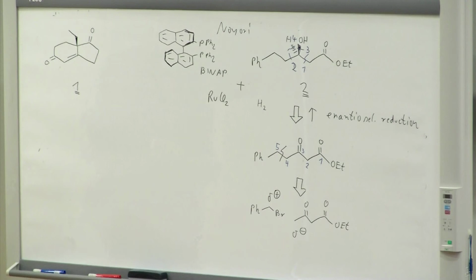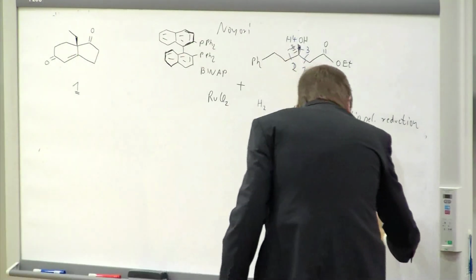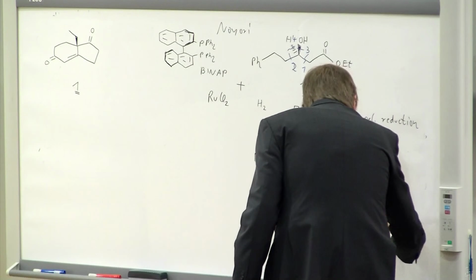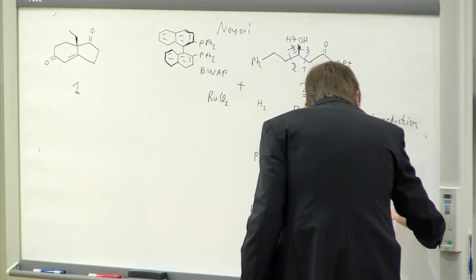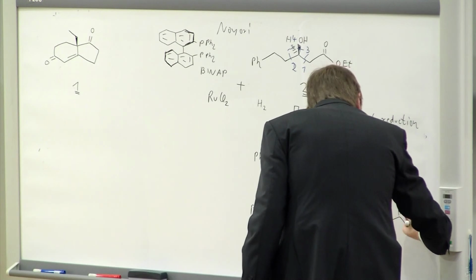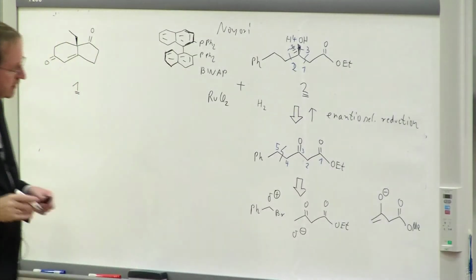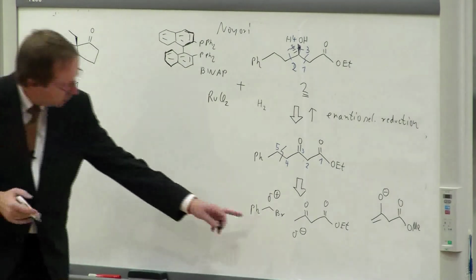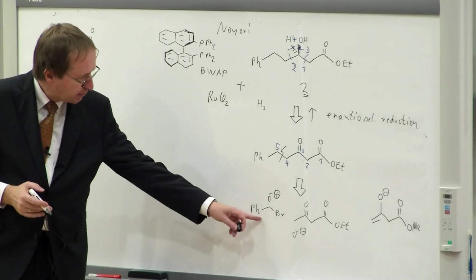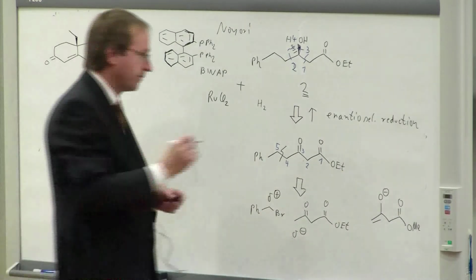It would be good to have the enolate of the ketoester. If we could make this enolate, it should react with the benzyl bromide to form our product.